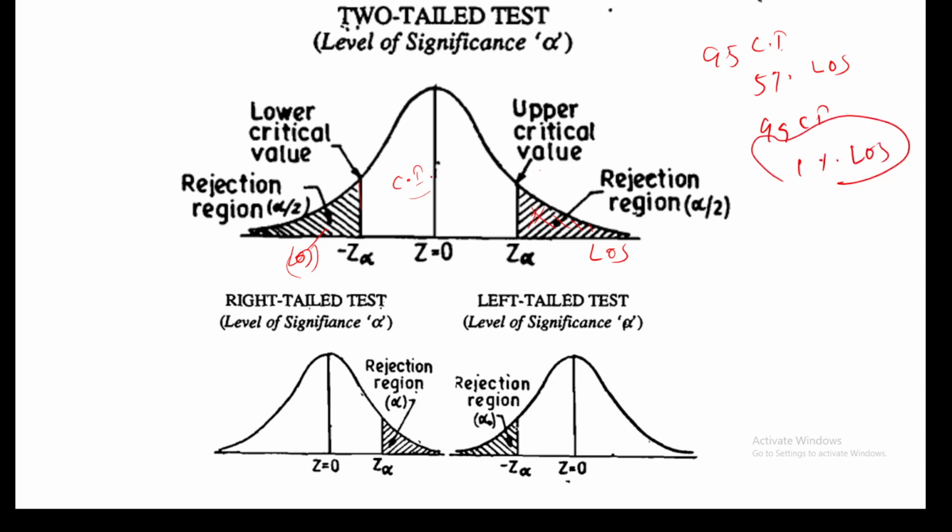The critical region itself is the deciding factor. If the values fall in it, we reject; it is the rejection region. For a right tail test we consider the right side, and for a left tail test we consider the left side.